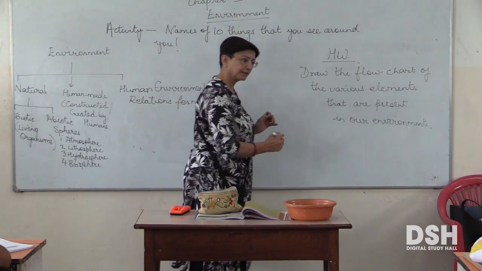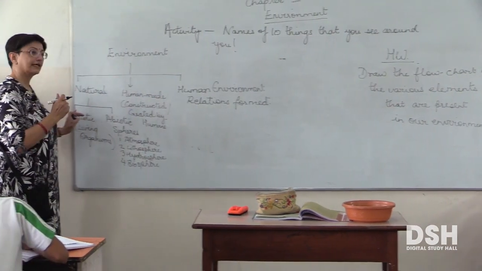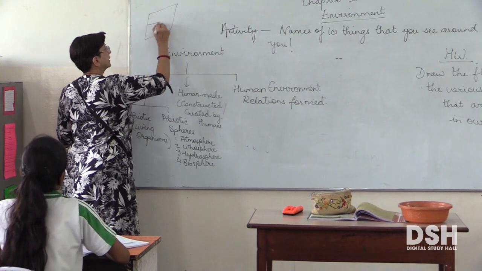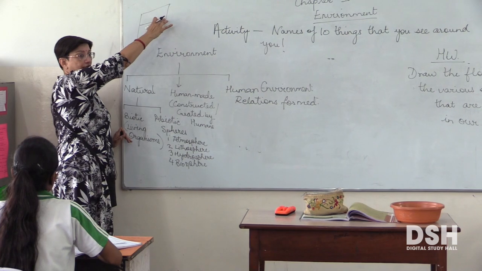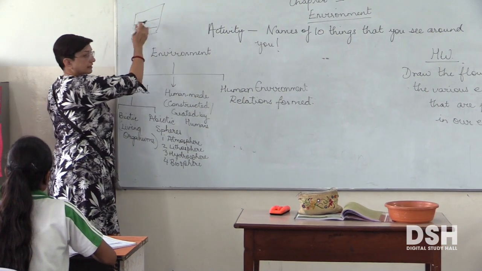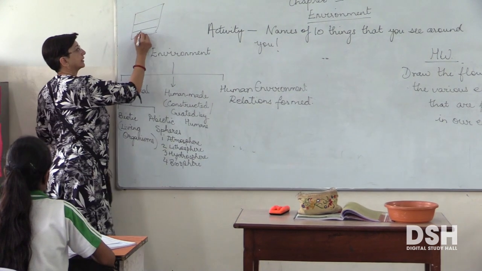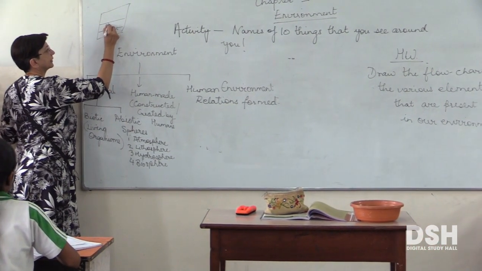And of course, represent them on the blank side. So if you are making this, then there has to be a division on the blank side page where you are showing me representation of natural environment, second division as human made, and the third division will be human. So human, human made, and natural.